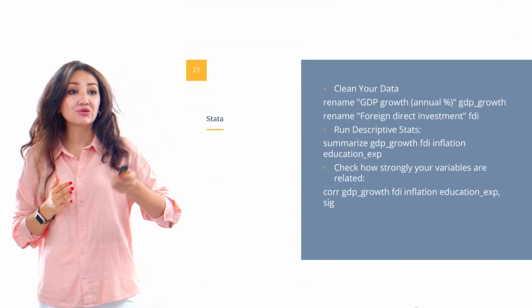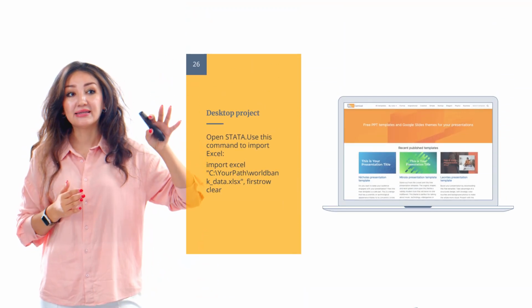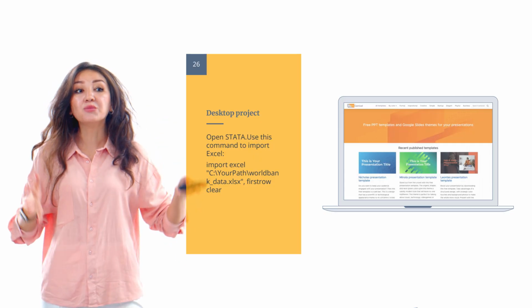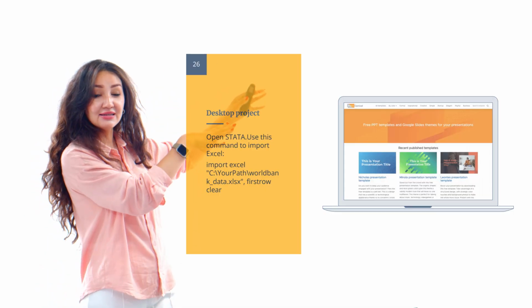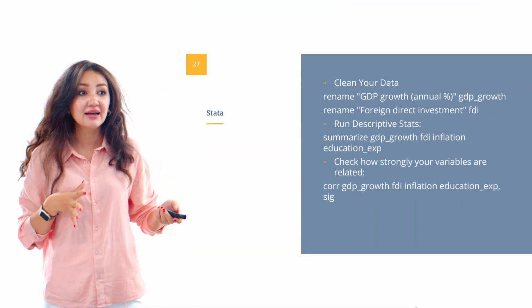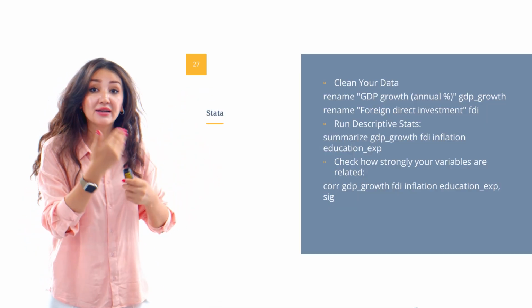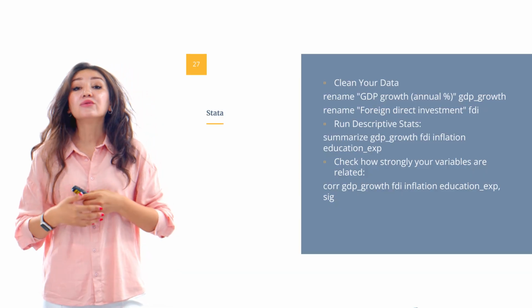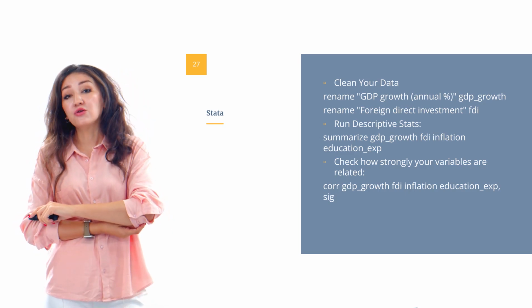Once we install Stata, we open it and import our data from Excel, because our data was in Excel. Then we clean our data, rename the variable names, and initially run descriptive statistics, and then we check for the correlation.